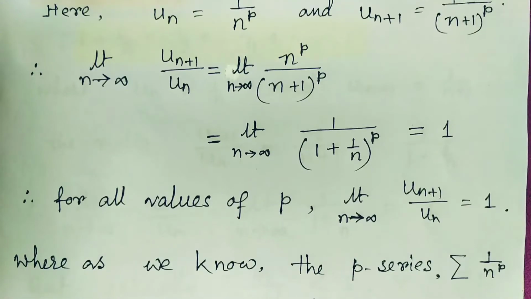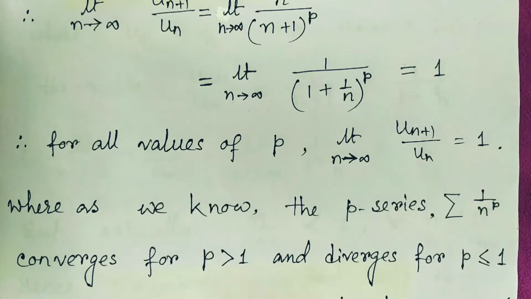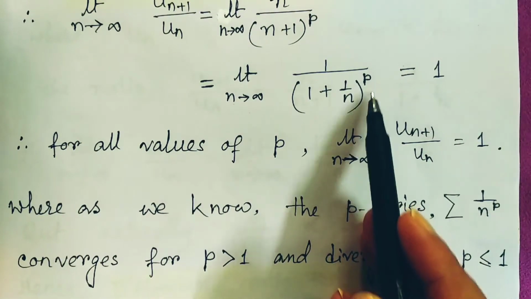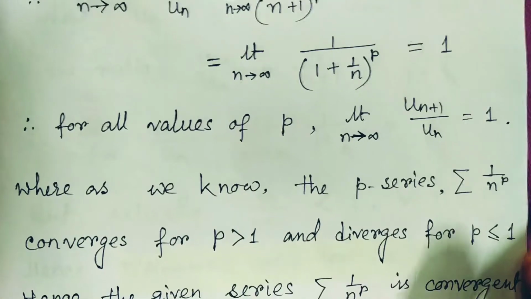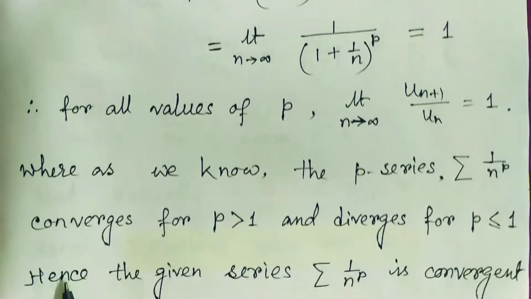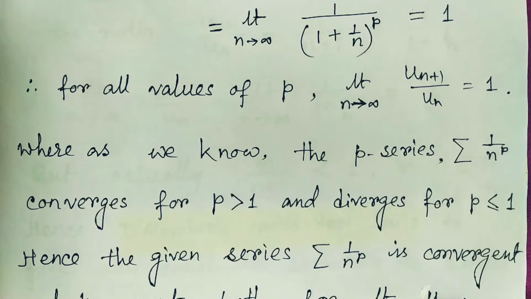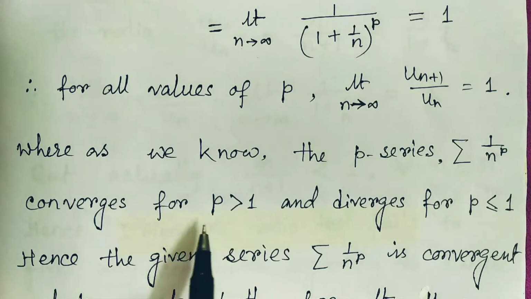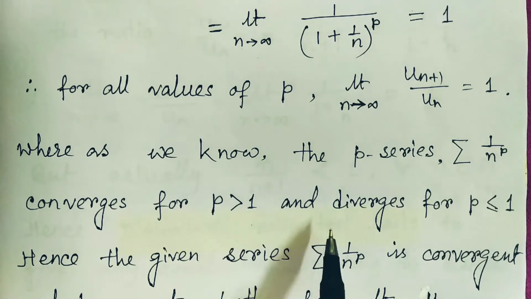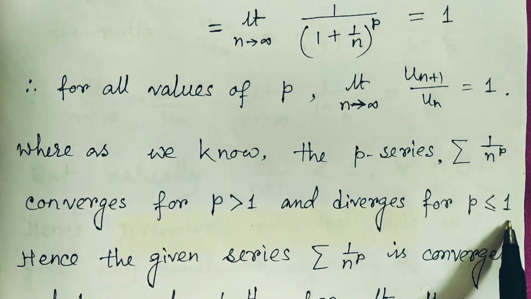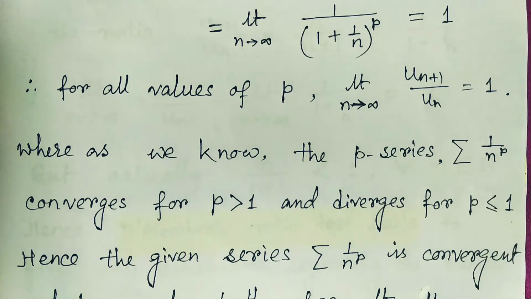So whatever be the value of p, we find this limiting value is 1. Whereas we know the P series is convergent when p is greater than 1 and divergent when p is less than or equal to 1. We have already proved that.